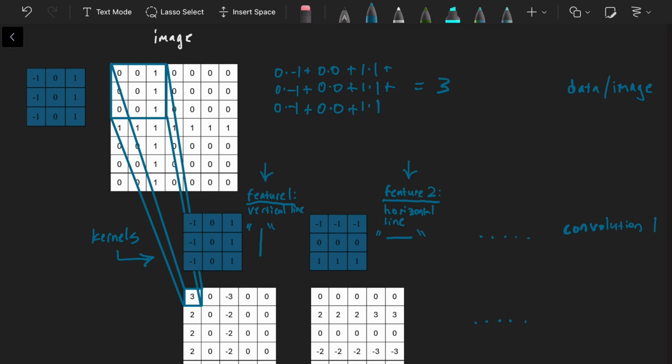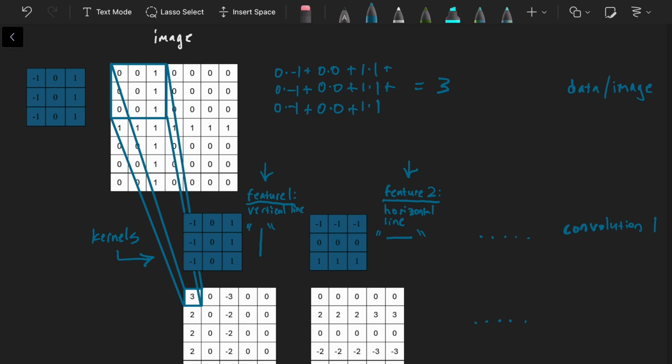Let's say this kernel is capturing a vertical line. It's looking for vertical lines in our image. And this kernel is looking for feature 2, or horizontal lines. So these respective kernels are looking for vertical lines and horizontal lines respectively in our image.